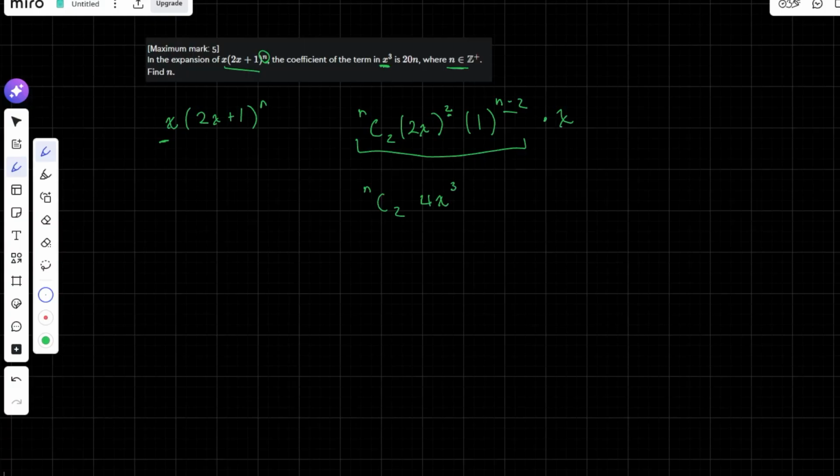Now, the part of this that's slightly tricky is figuring out how to represent n choose 2 when we don't actually know what n is. And for this, we can't really use our calculators. We have to use our formula for what n choose 2 is, which is n factorial over 2 factorial times (n minus 2) factorial.